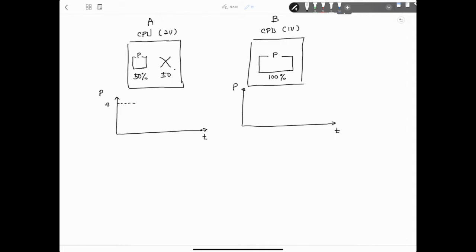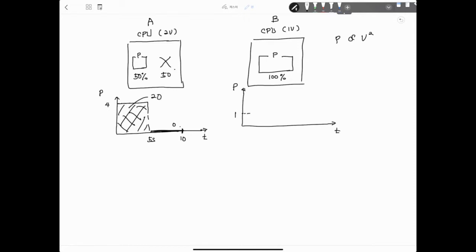And in B, the power consumption is 1, because power consumption is proportional to the voltage squared, right? Then A is consuming this much during the 5 seconds, and then there is nothing. So during the 5 seconds it consumes much, and over 10 seconds there's 0, and this is 20.